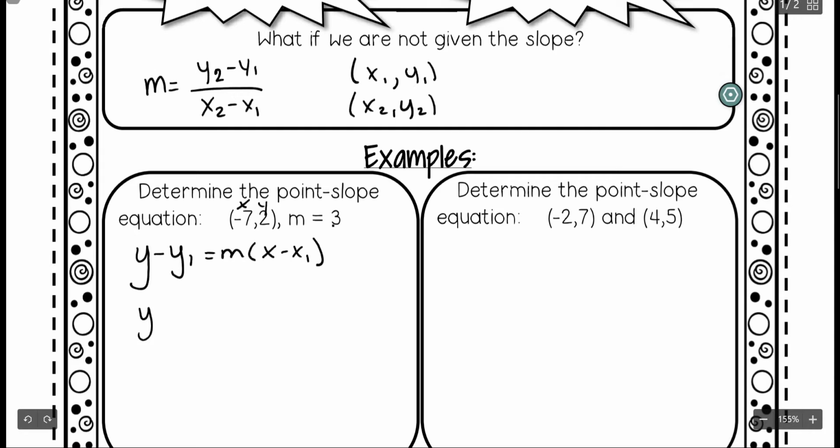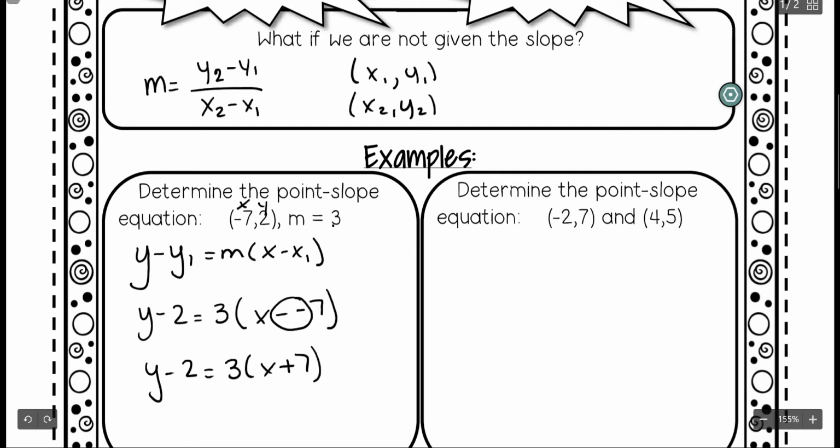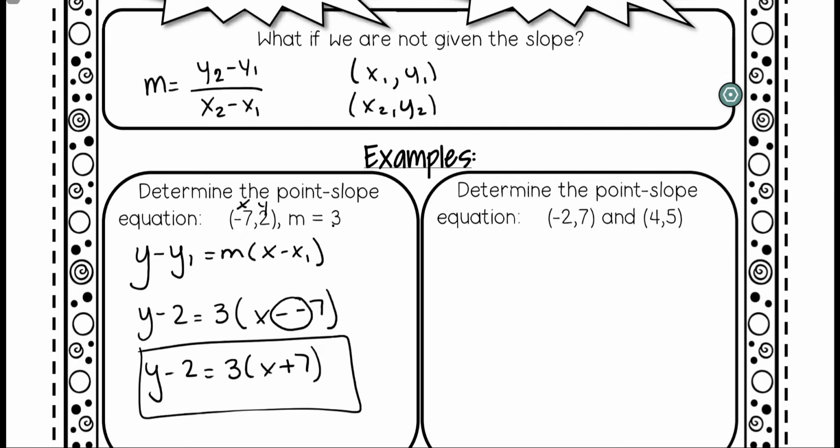So y minus 2 is equal to 3 parentheses x minus a -7. Okay, we're almost done. The last thing we need to do is just simplify. We know that this can become a plus. So y minus 2 is equal to 3 parentheses x plus 7. And there's our answer. There's our equation in point-slope form.